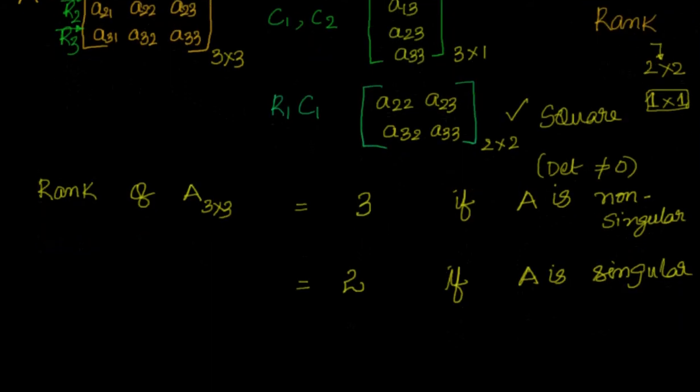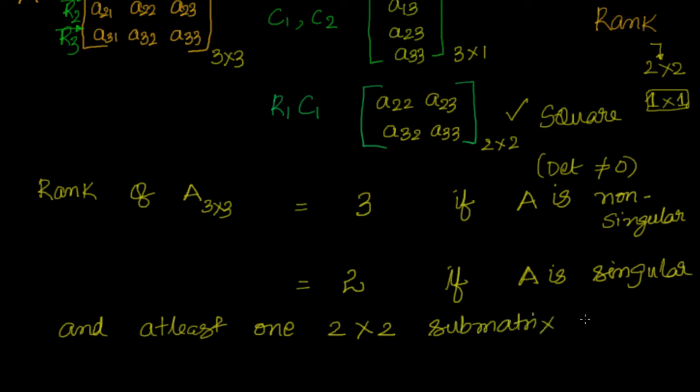The determinant of the 3 by 3 matrix is 0 and at least one 2 by 2 submatrix is non-singular. That means one 2 by 2 submatrix determinant is not equal to 0, then the rank is 2.